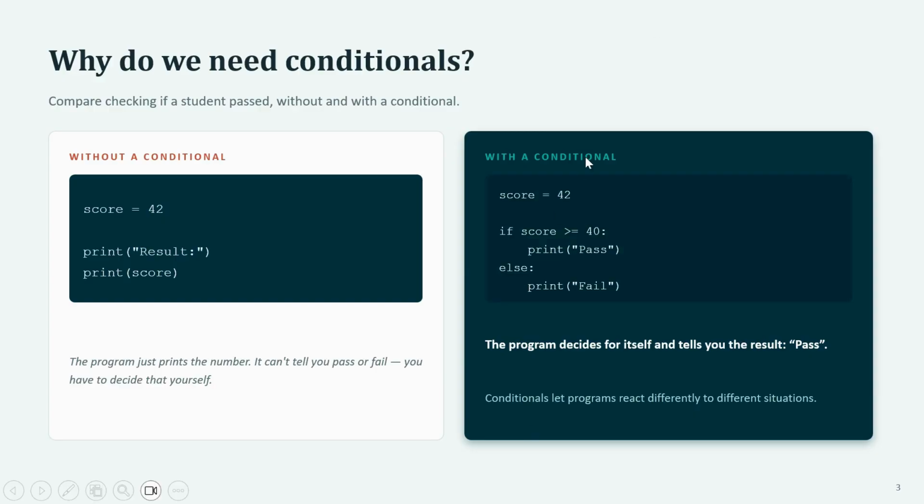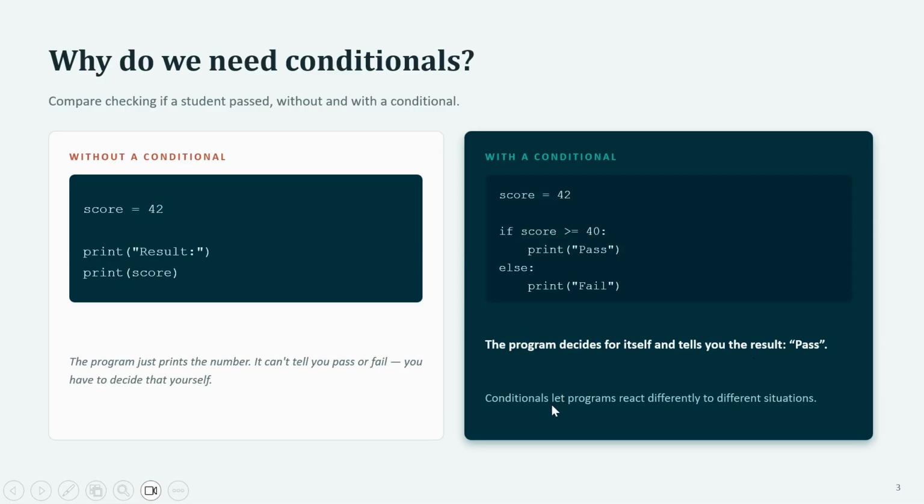But in any other case, let's say it's 39 point something, which is a float, it would be considered as 40. But let's say it's 39, then it will print fail. So the program decides for itself and tells you the result: it's passed because the score is 42.